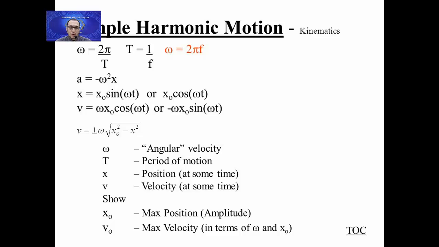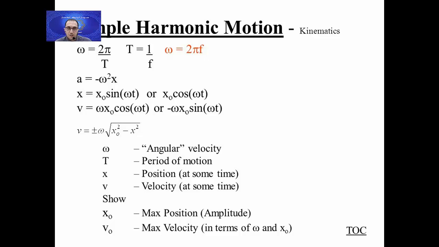Also, for the velocity, if the object starts from equilibrium position, v equals omega xo cosine omega t, but from maximum displacement, v equals negative omega xo sine omega t. For acceleration, it's very easy, because it will be negative omega squared x.